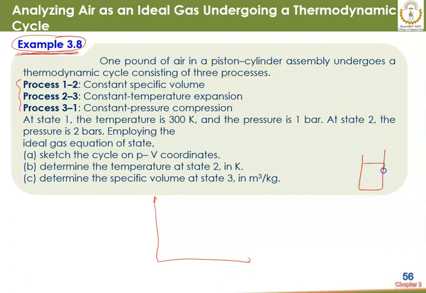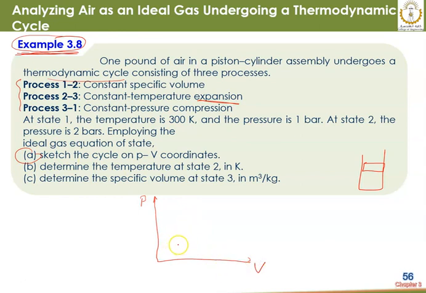The piston undergoes a thermodynamic cycle consisting of 3 processes. Process 1-2 is constant specific volume, then 2-3 constant temperature expansion, and then constant pressure compression. We saw a similar cycle earlier, so the first one is to sketch the PV diagram.